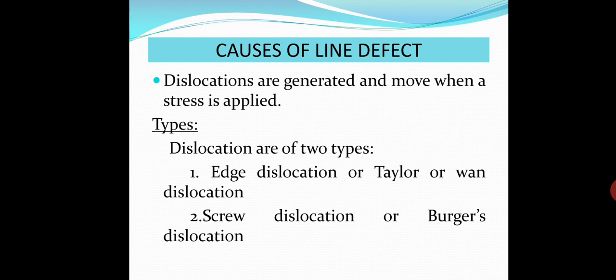But in this case, a line defect occurs along a line. So, different types of dislocations are edge dislocation or Taylor or Orowan dislocation, and the second one is screw dislocation or Burgers dislocation.